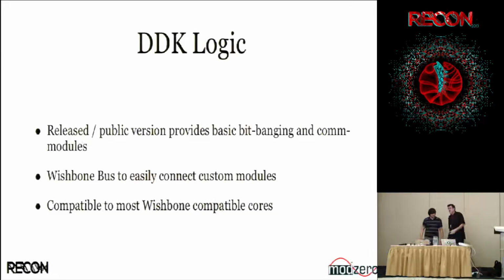Okay. Using the Wishbone bus, it's also easy to publish your own modules. You can easily exchange modules that are compatible with the Wishbone bus. It's an open source bus.